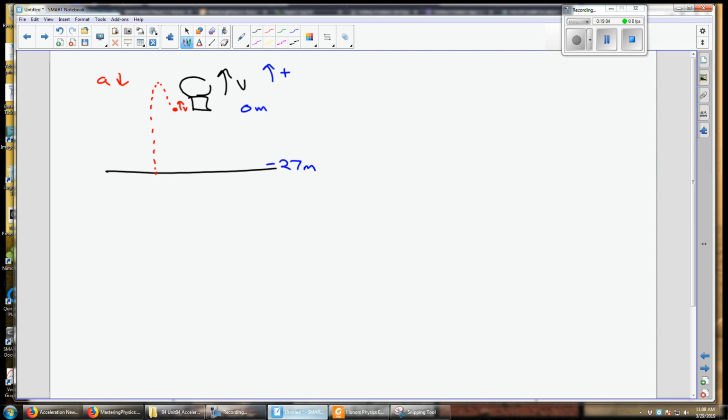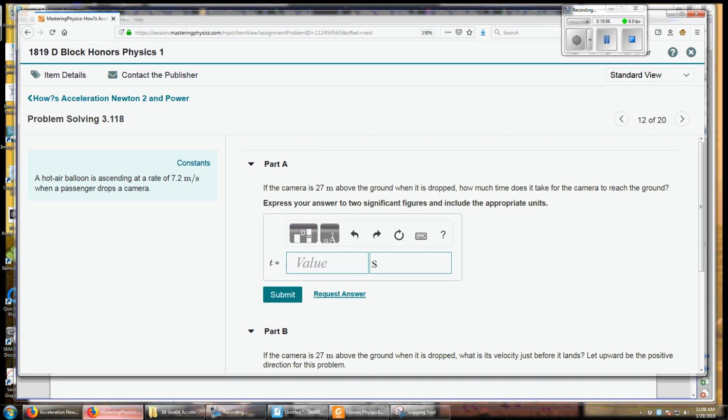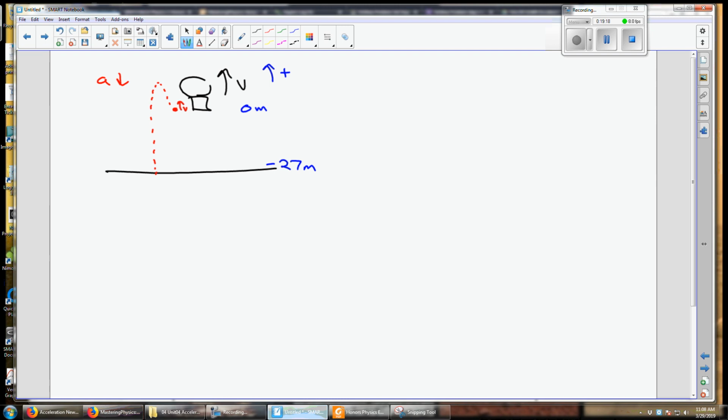So they want to know the amount of time to reach the ground, and then eventually, what is its velocity just before it lands? Ooh, what direction is its velocity going to be in just before it lands? Negative. So the v here is going to be downwards.